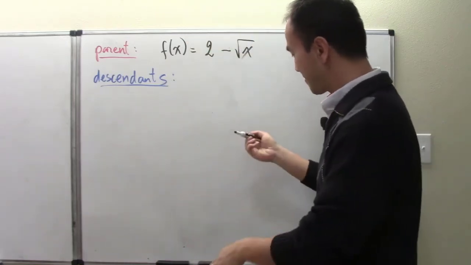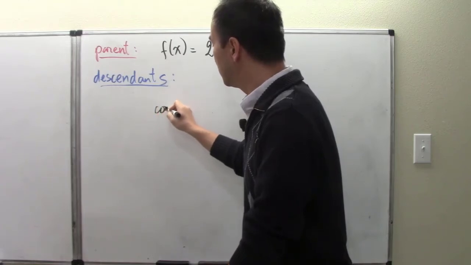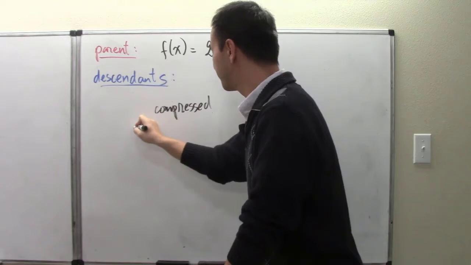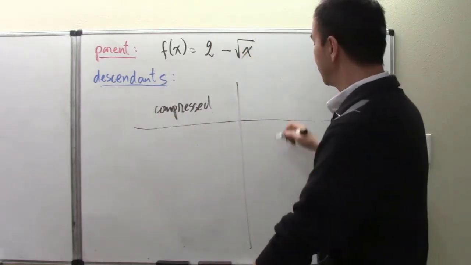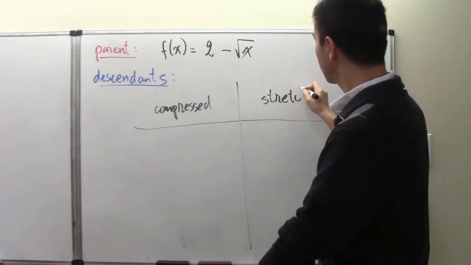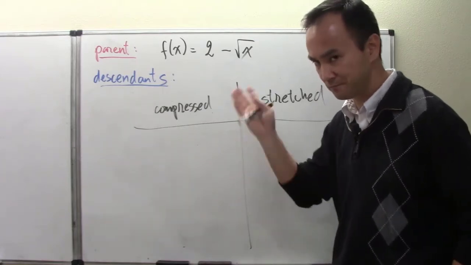There were graphs that got compressed, and there were graphs that got stretched. We walked through the four different descendants.